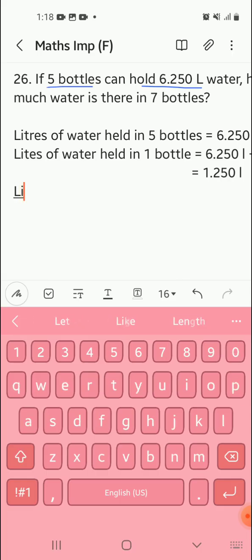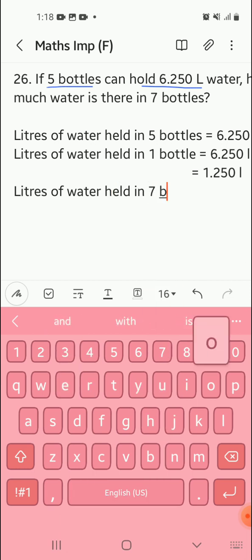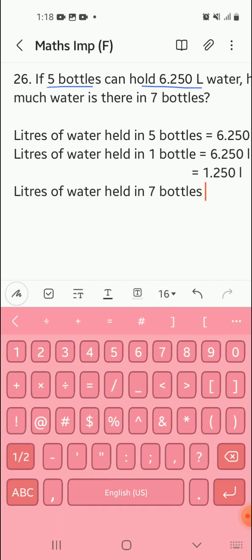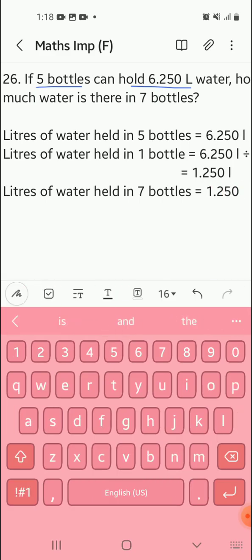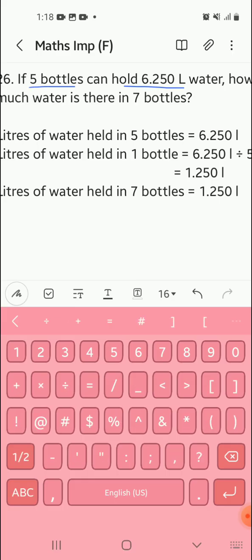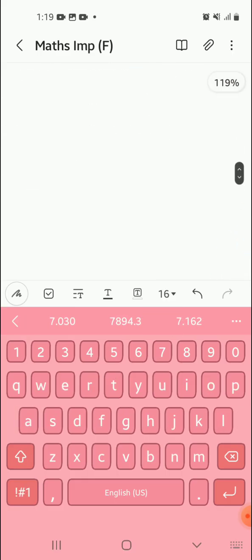Now liters of water held in 7 bottles equal to liters of water held in one bottle, that is 1.250 liter, into 7. So 1.250 into 7.